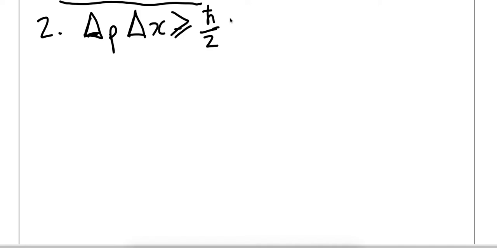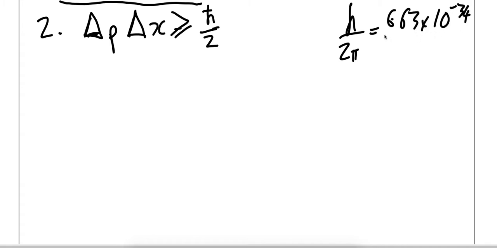So if we go over here and work on this for a minute, h, Planck's constant, sorry, that shouldn't have a bar, h over 2 pi is 6.63 by 10 to the minus 34 over 2 pi equals 1.06 by 10 to the minus 34.